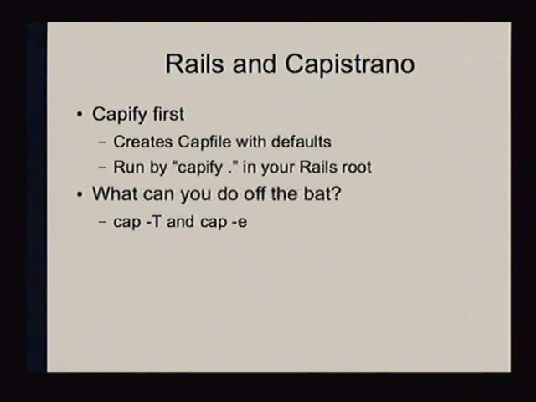At any time, you can see what tasks your Capistrano installation is capable of by going cap and then -T. The capital T is the same as it is in rake, and it'll just give you a list of the tasks that are available and their textual descriptions. -e and the name of a task will give you a longer description. Like if it has a full RDoc page, it'll show you that information.